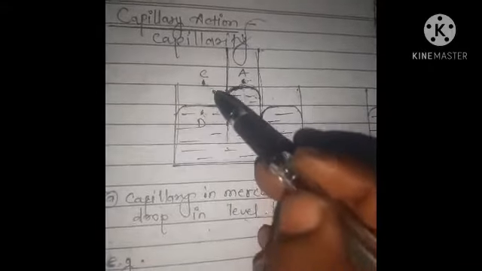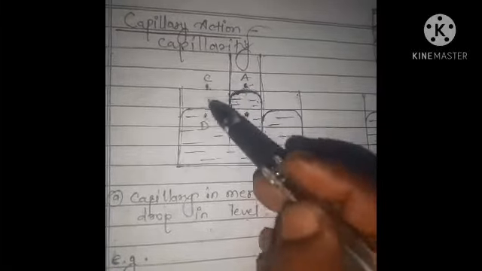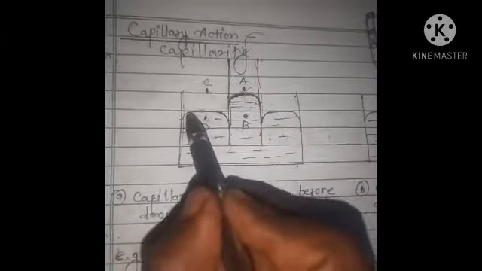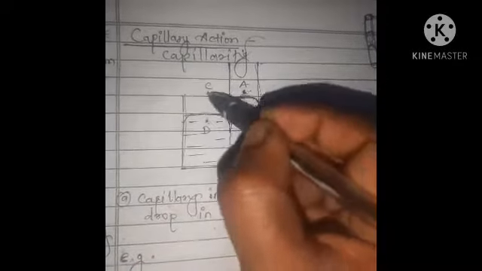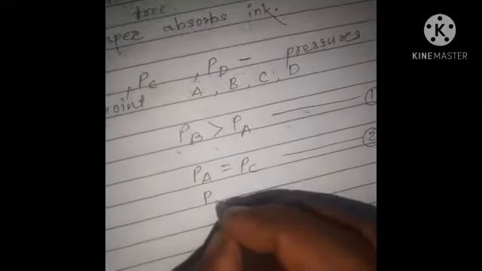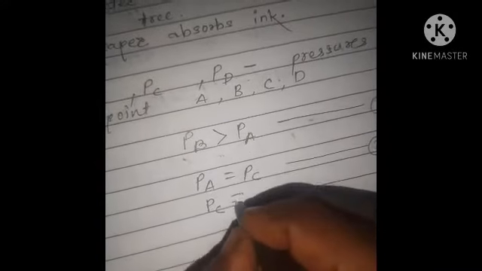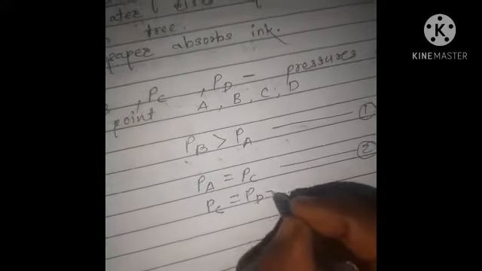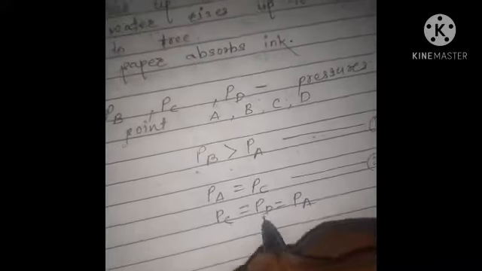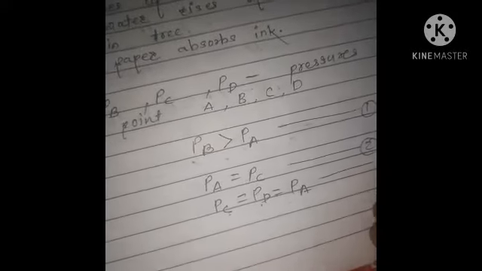Now, see these 2 points C and D. The surface between these 2 points is plane. So these 2 points are also at the same pressure. Therefore, we can write PC = PD and PC = PA. Therefore, PC = PD = PA. Equation number 3.